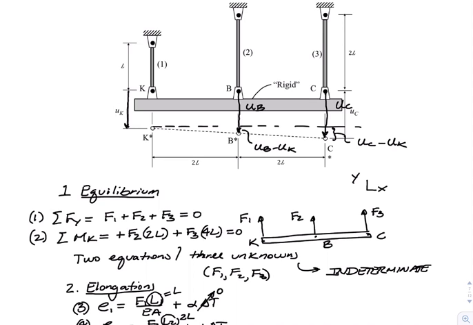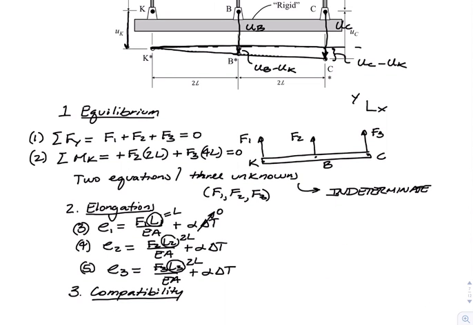And so we'll look at a right triangle formed by this for small angles, and compare that with this similar triangle. What I will say here is that UB minus UK divided by the length 2L must be the same as UC minus UK divided by 4L.